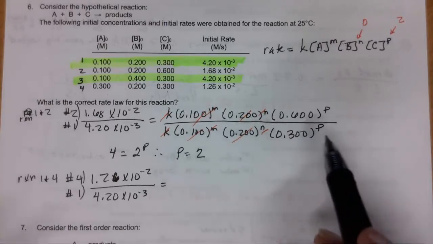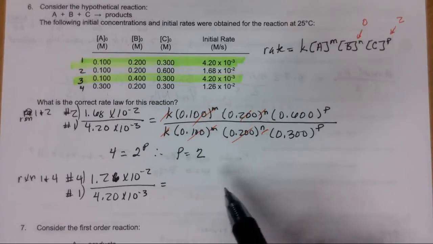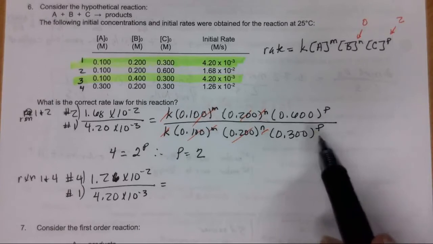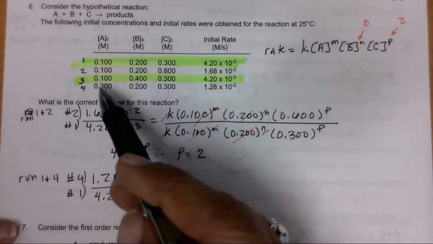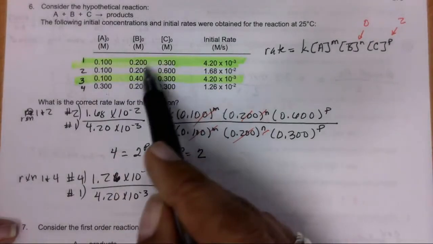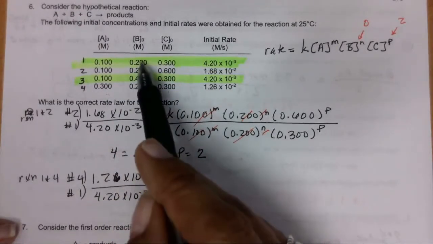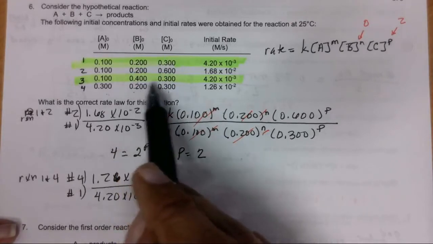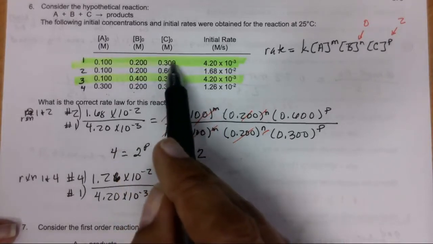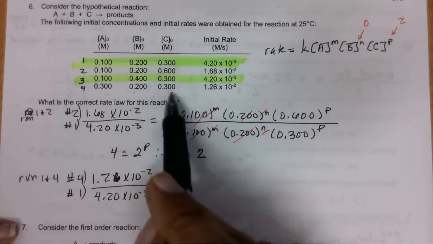If you don't understand this shortcut I'm about to do, then don't do it. You do it the long way, okay? But what actually changed? This one did. But if I look at B, the concentration in reaction 1 and reaction 4 stayed the same, and the concentration of C stayed the same when I'm comparing these two.